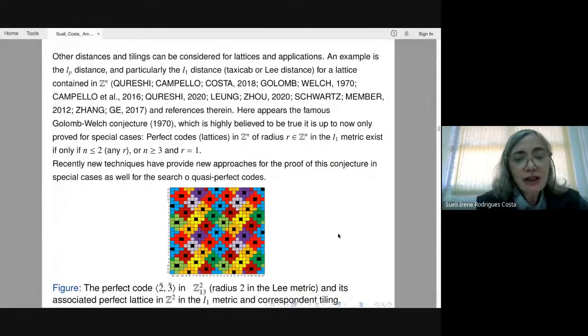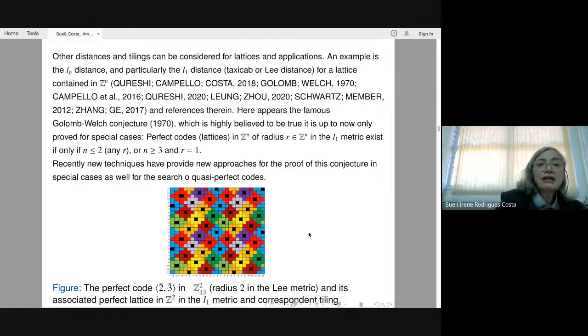Another topic I will just skip, because we also deal with lattices with different measures. Up to now, from what I have talked about, all the distances considered are the Euclidean distance, but we also use the Lp distance on lattices, in particular the maximum distance and the taxi distance, or the Lee distance, as we call it in lattices, right?